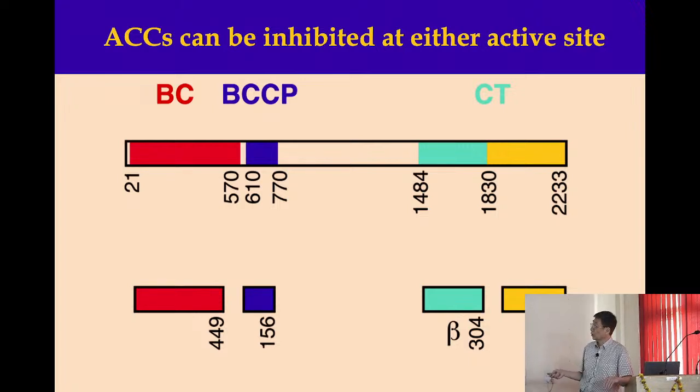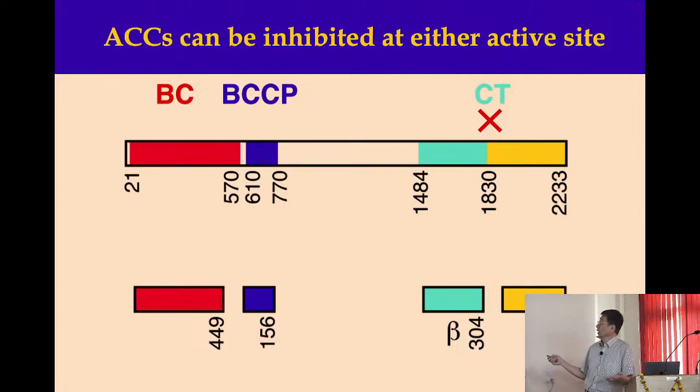I'll use these color schemes all through my presentation this morning, so that helps you figure out where things are. The other thing you see is that ACCs have this central region that's unique, because the bacterial enzyme doesn't have anything here. You'll see more about that as well.